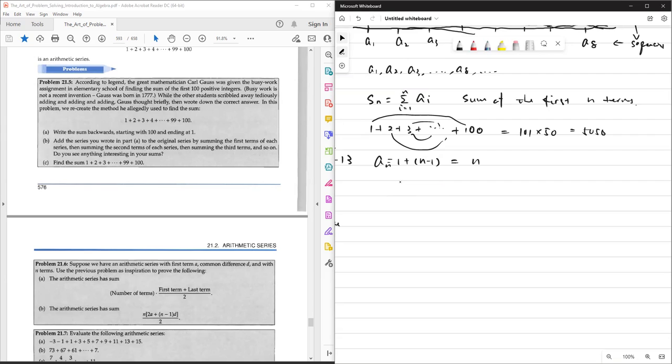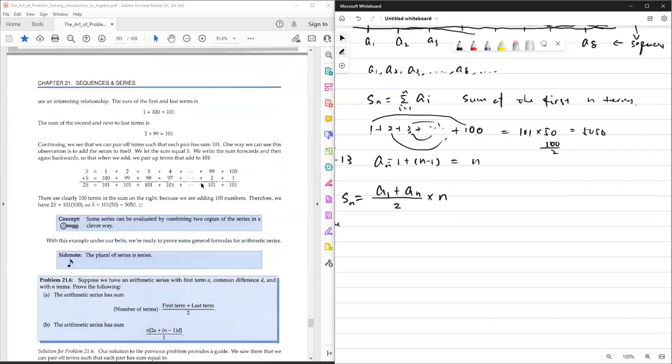What happens is you add the first term, you add the last term, and you multiply by the number of pairs, which is half of the number of terms. So 50 is 100 divided by 2. So if I add the first term, a1, plus the last term, an, divided by 2, the average, and multiply by the number of terms, that becomes Sn. Okay.